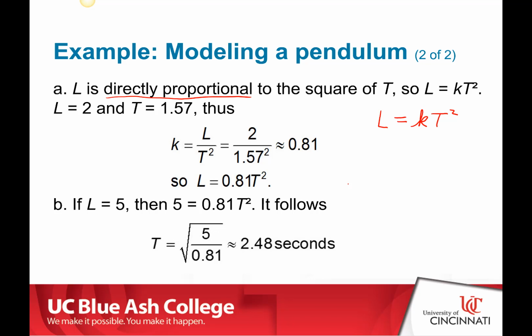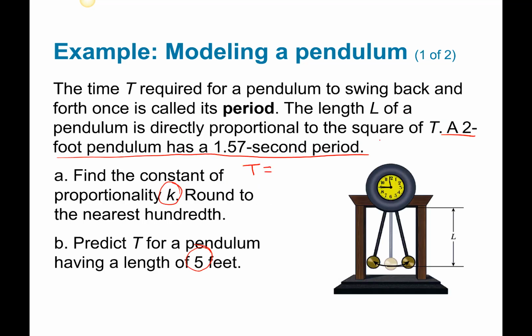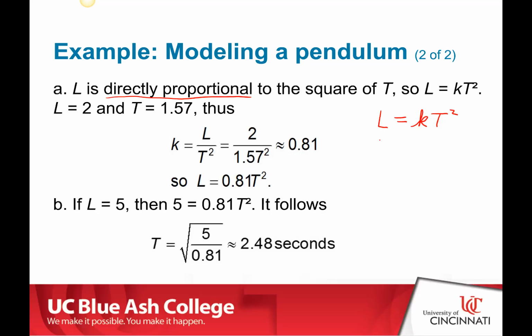The first thing we need to do is to figure out a value for k. Well, we were told the length is 2. We were told the amount of time that it takes to complete one swing over and back is 1.57 seconds. And we need to figure out what that value is that you put in front there. Do you know how to solve for that?